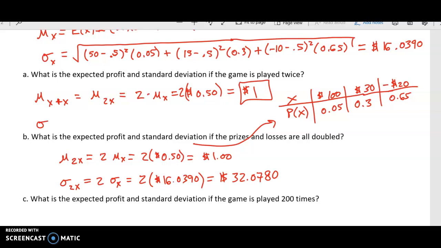My apologies. Sigma of x plus x. Man, I don't know if my screen's dirty, but it is misbehaving today. Which is kind of surprising.